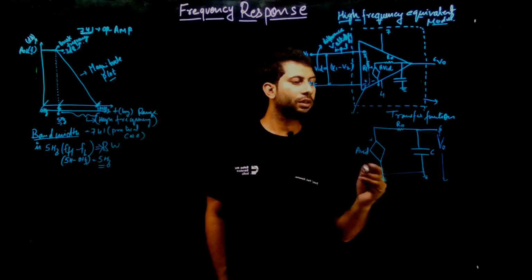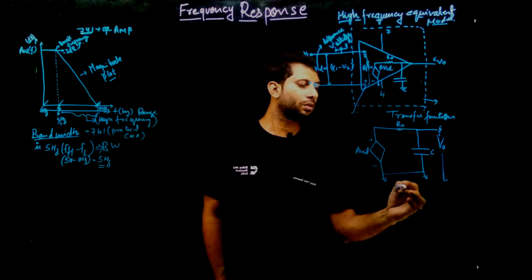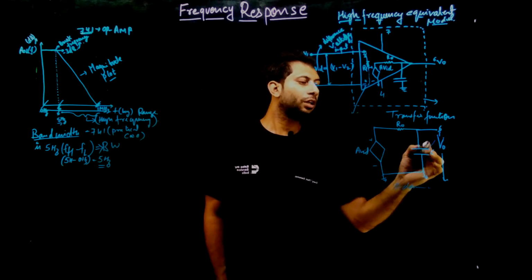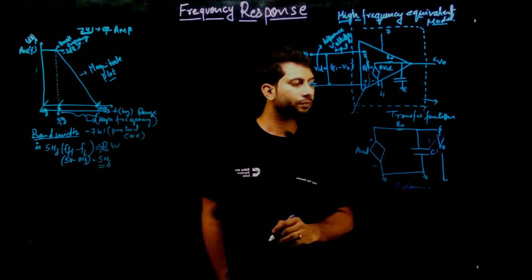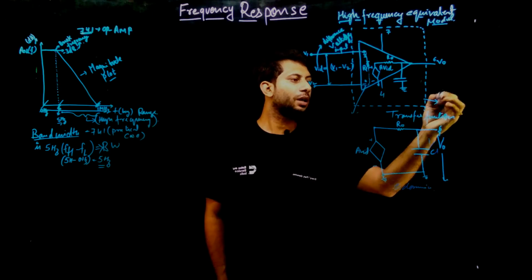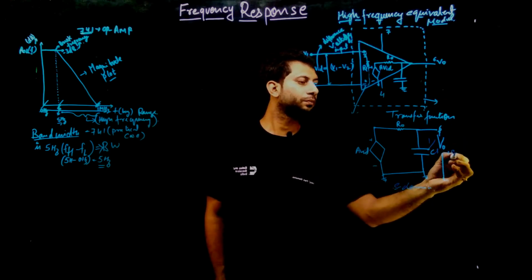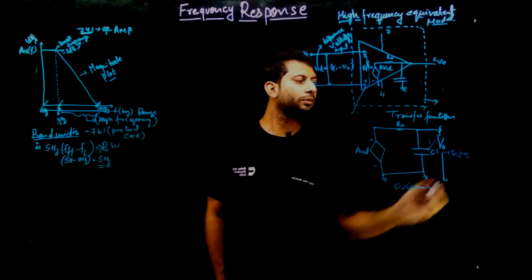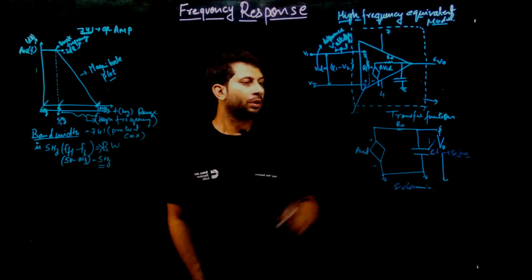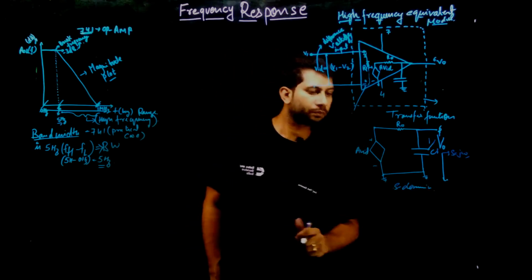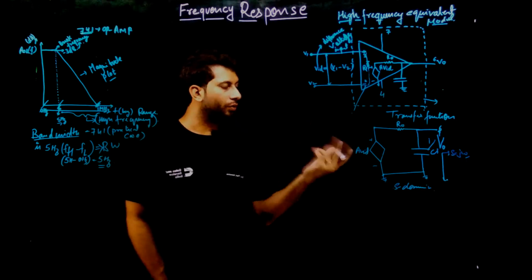Now we can take it in the S domain, let it be 1 over SC, where S is j omega. Now, what do we have to find?